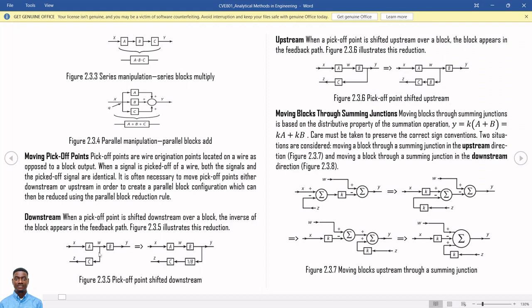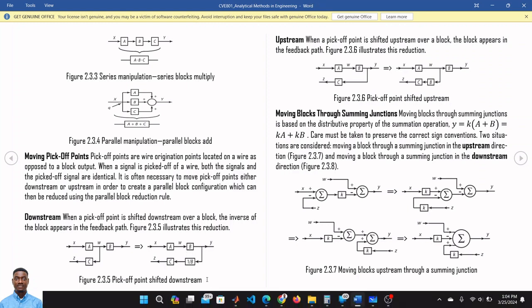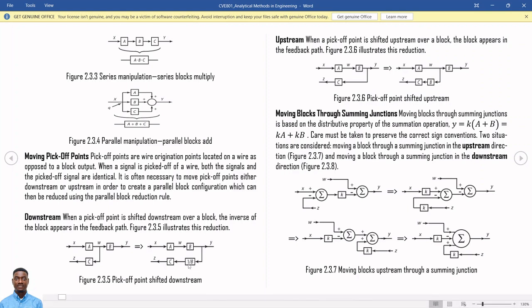Now, if we move this pickup point, this point here, over this block B, that's downstream. If you move it over this block B downstream, what will happen is that the inverse of the block we move this pickup point over will appear on the feedback part of that pickup point. We move it over B to bring it to this point.